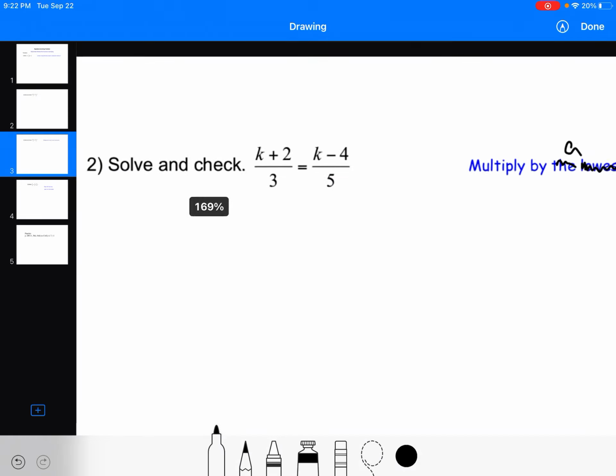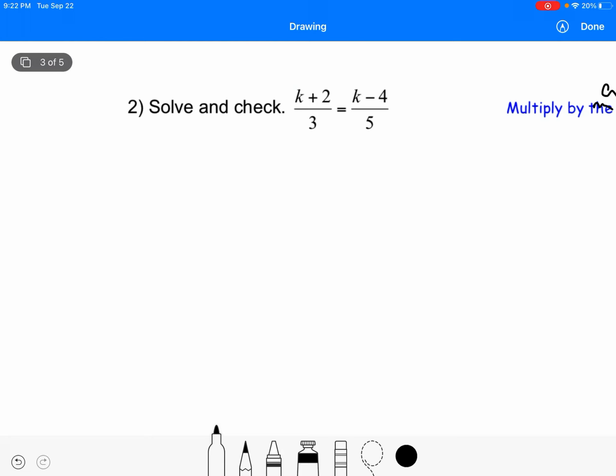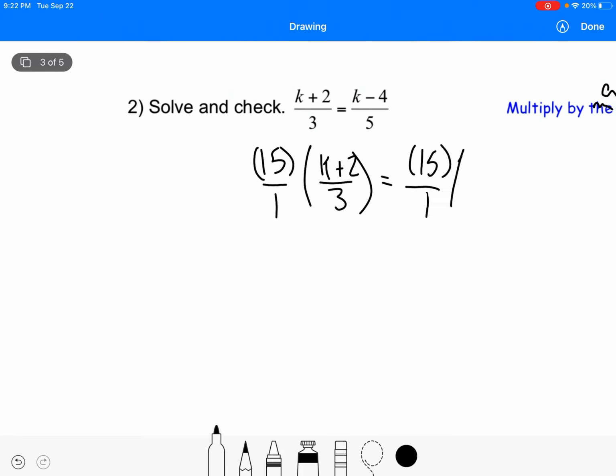So what I'm going to do is I'm going to multiply the first fraction by 15. So 15 over 1 times k plus 2 over 3 equals 15 over 1 times k minus 4 over 5.